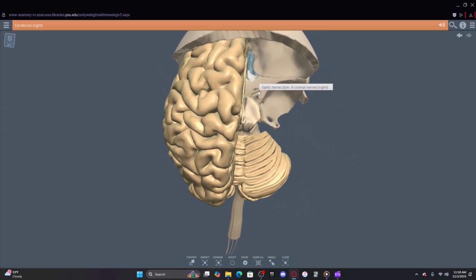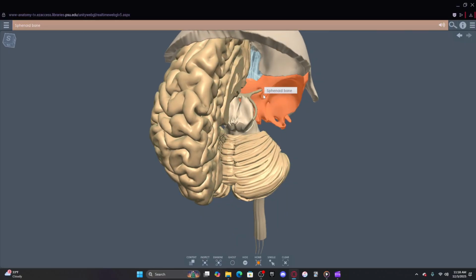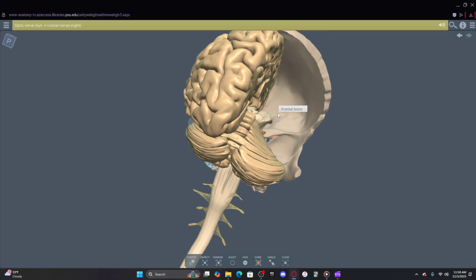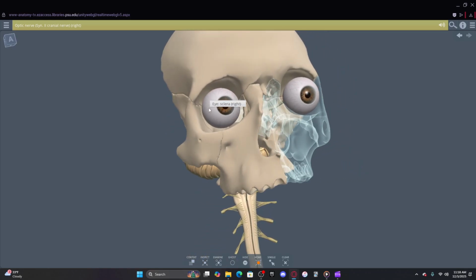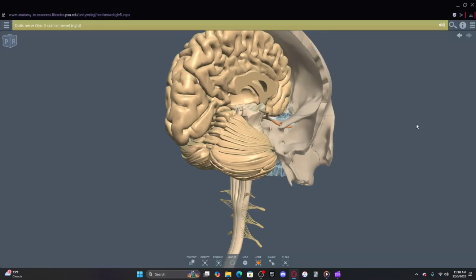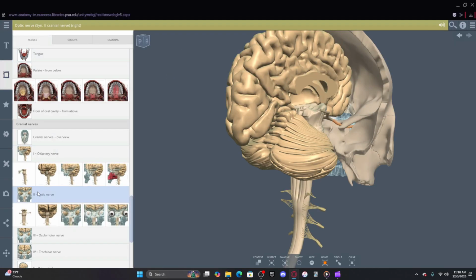Right, you see optic canal, cranial nerve number 2, optic nerve. This is the optic canal. The optic nerve is going into and then entering the orbit via there, right? And then it's inserting on the optic disc of the eyeball. That's cranial nerve number 2, going through the optic canal to enter the orbit.